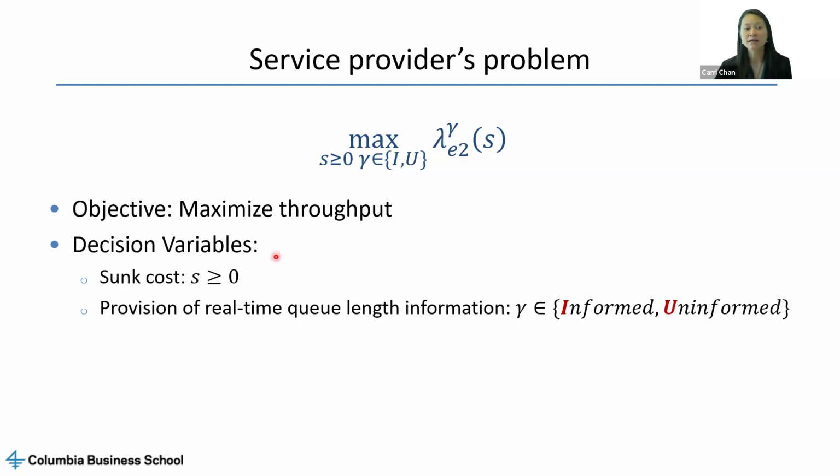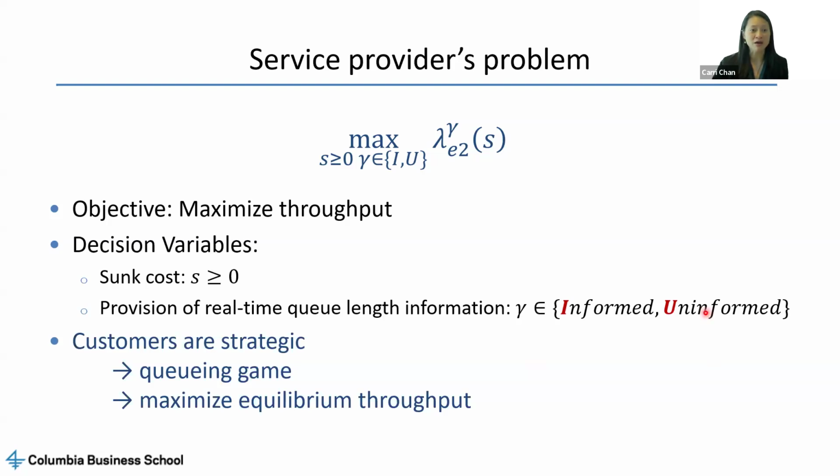The first is whether or not to introduce a sunk cost, and if so, how large it should be. The second is whether or not to reveal real-time queue length information. If they decide to provide information, they will provide exactly, upon entering the second stage, the current queue length. If it is an uninformed system, the customer gets no information about the queue length.